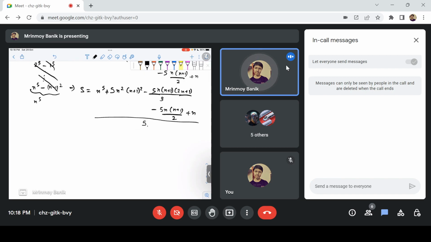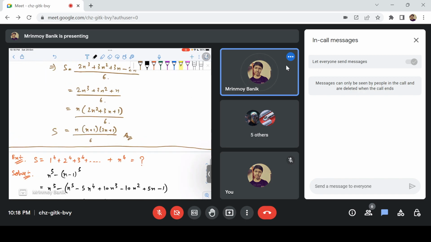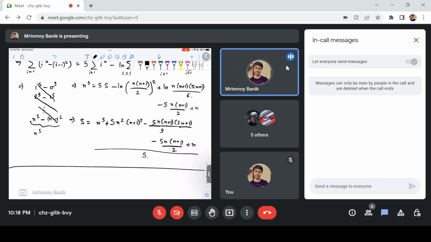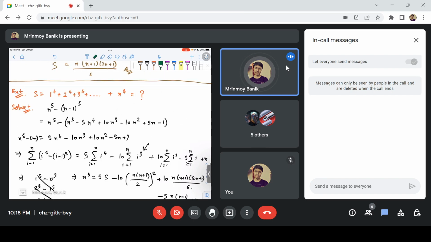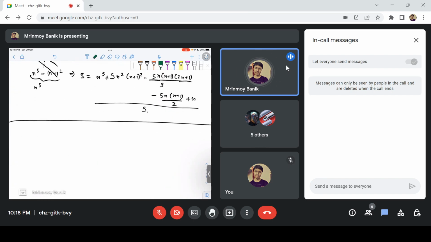Whatever it simplifies to, I'm not taking the trouble of simplifying it, since it's a pretty huge, bulky looking expression. Not much useful since you can't memorize it, and you don't even have to. Okay, so a lot of telescopes.